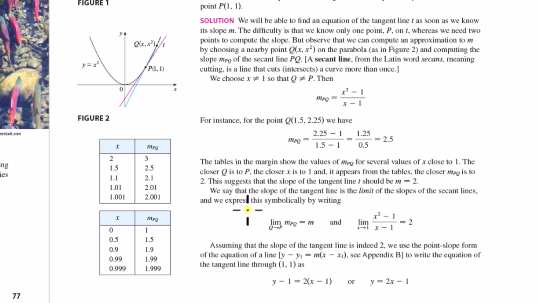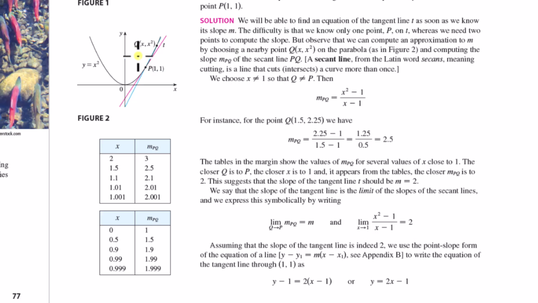We express this symbolically by saying that the slope of the tangent line to the curve y equals x squared at the point P, (1, 1), is exactly equal to the limit as Q approaches P of this secant line formula MPQ. And that's equal to M, the exact slope of the tangent line.